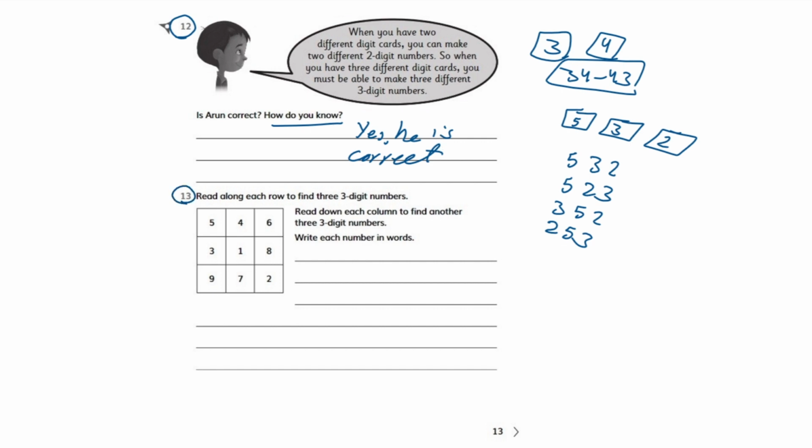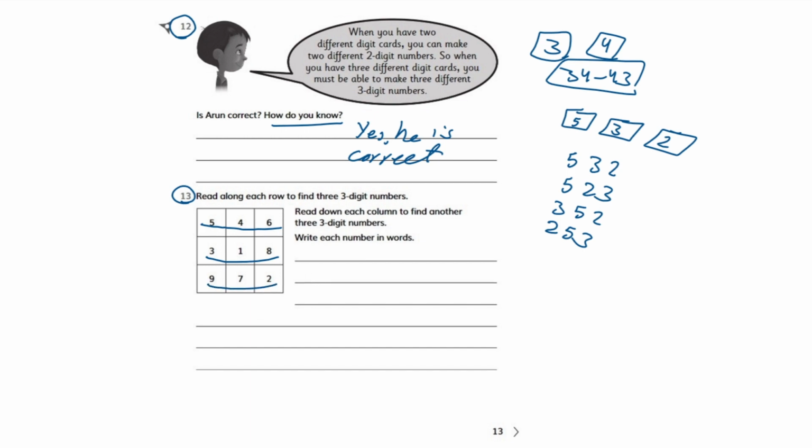In question number 13, it says, read along each row to find three-digit number. Read down each column to find another three-digit number. Write each number in words. Okay, along each row we have 546, 318, and 972.